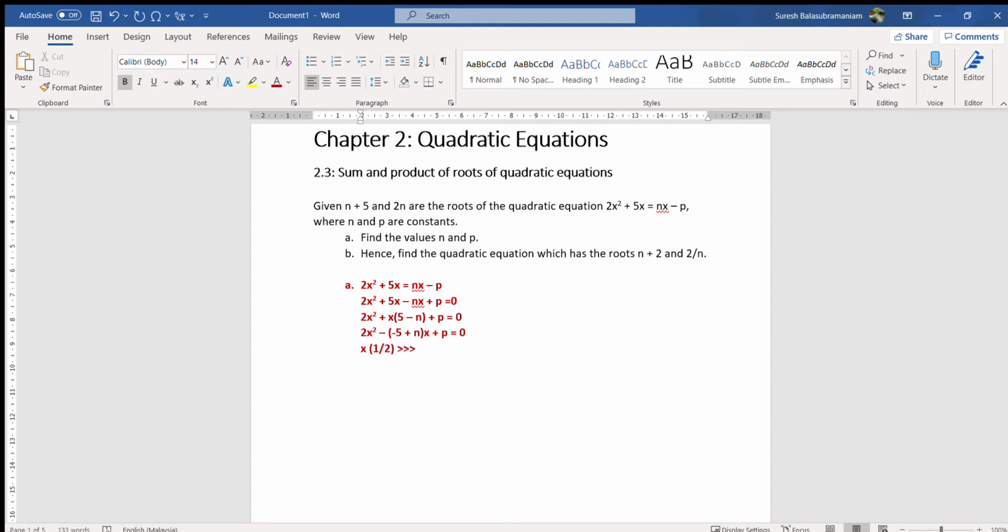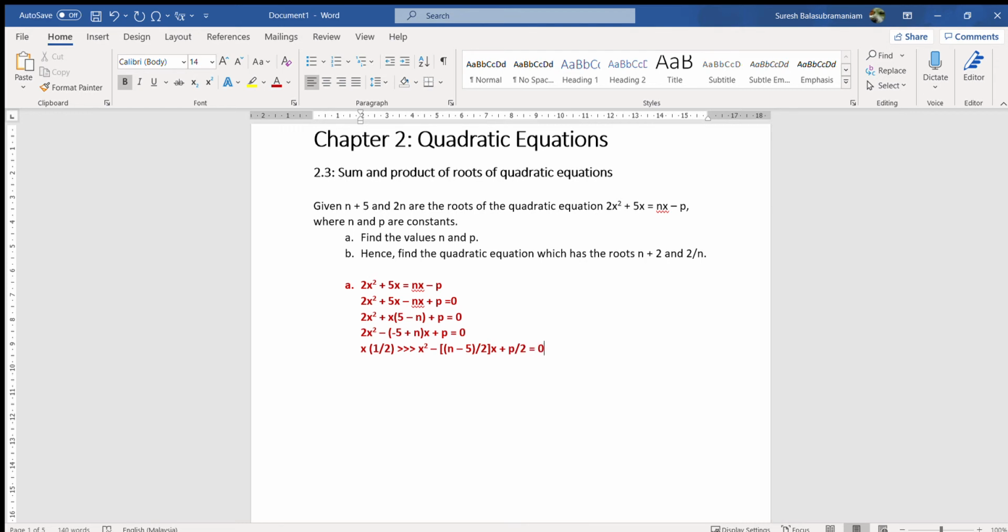So I'll get x square minus, in bracket, n minus 5 over 2, x plus p over 2 equals 0.